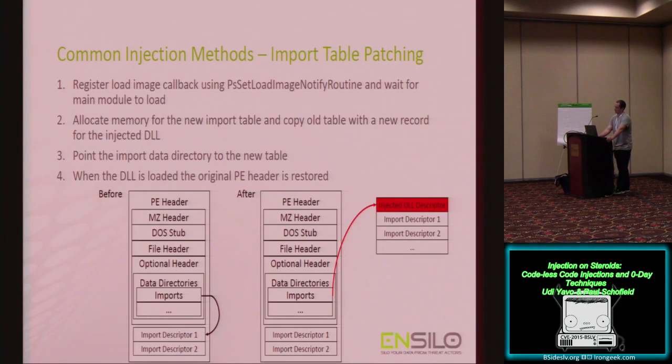Once the injected DLL loads, it can restore the import table. What's nice about this method is, let's say you attach with OllyDbg or Immunity Debugger or anything like that to a process which is injected this way, it will appear as if the injected DLL was originally part of the process. You won't see the loading part.